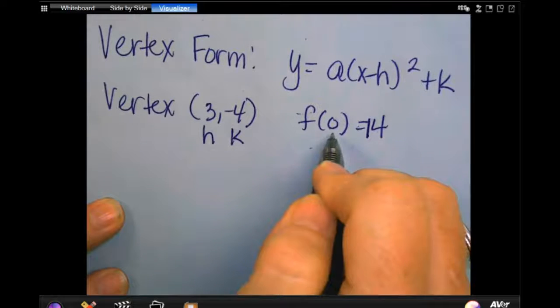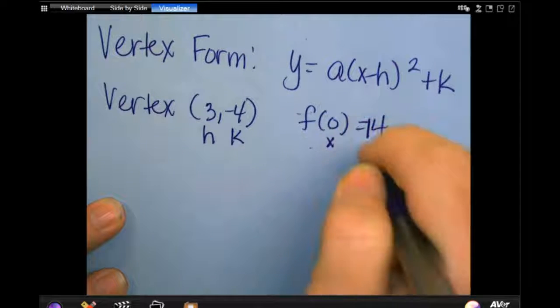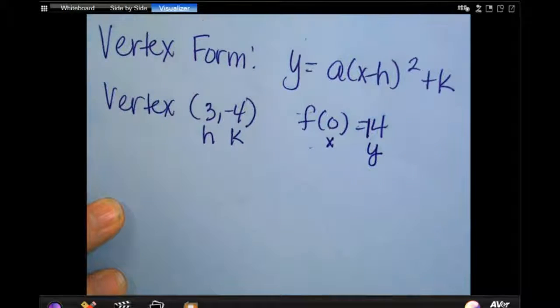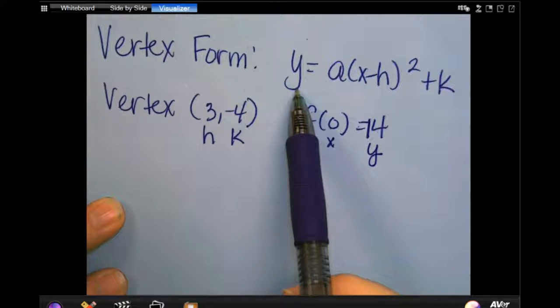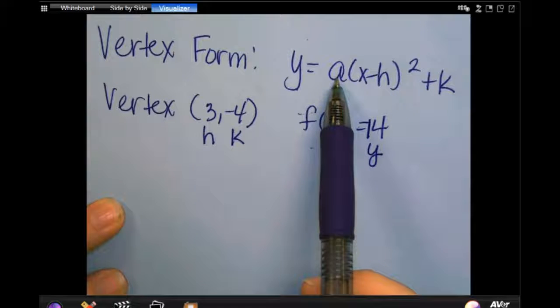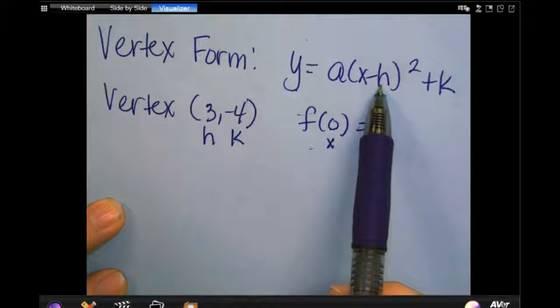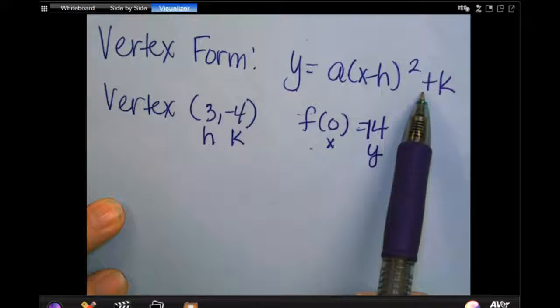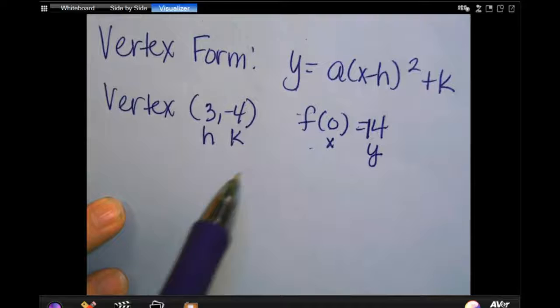So is the 0 my x or my y? This is my x and this is my y. So if I look at the information I've been given, do I have a y? Do I have an a? Do I have an x? Do I have an h? Do I have a k? So I have everything except what? Could I find the a? If I plug all that in, I can find the a, right?